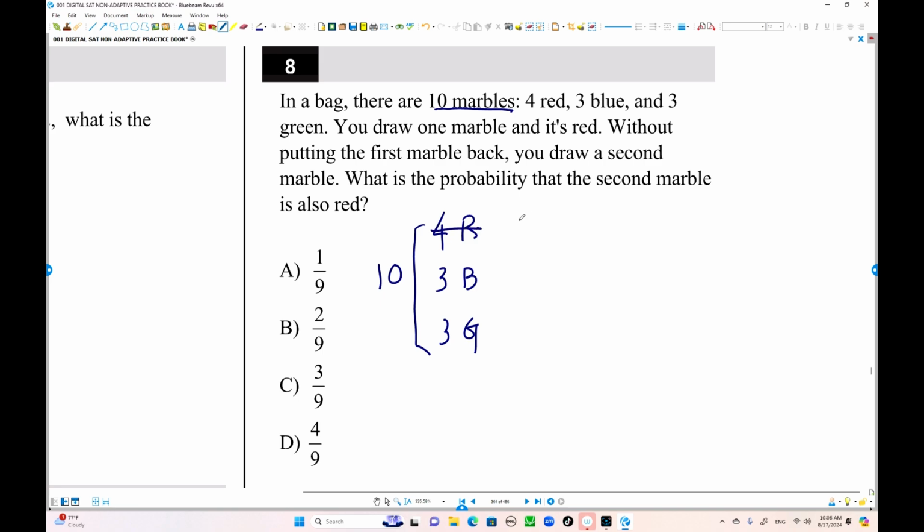So one marble is out and now we have 3 red. That's the situation, the second stage. From your second stage, we draw a second marble. What is the probability, applied on this second stage, not the first stage, that the second marble is also red? We have only 3 chances out of 9. That's this.